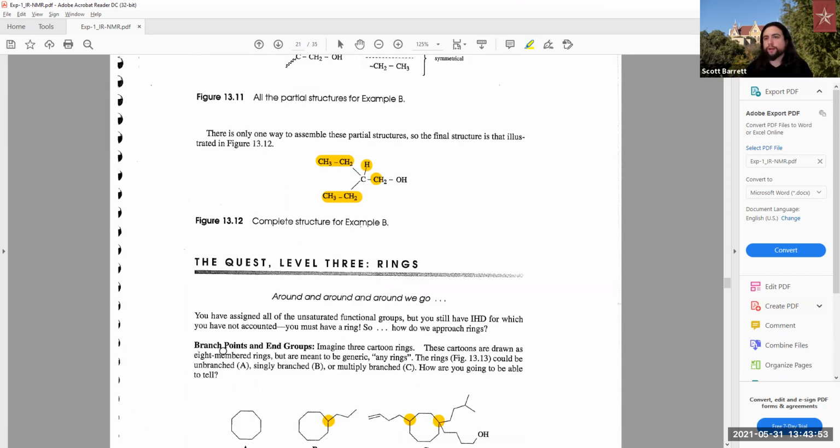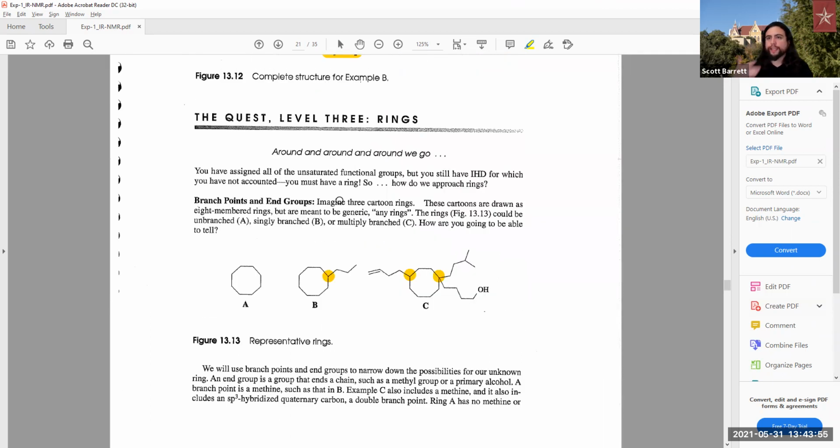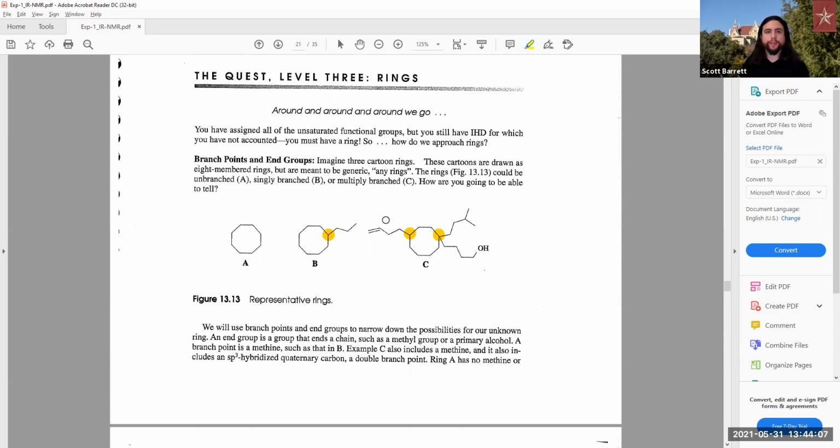This is part of where I would say that going forward, to get more examples, I definitely recommend either utilizing more resources on YouTube for NMR analysis, or looking up NMR spectra of different sorts of functional groups, and that way you can see. In the sense of looking at rings, to analyze different things, you would see that there would be a different proton source versus if it was singly branched or multiply branched.